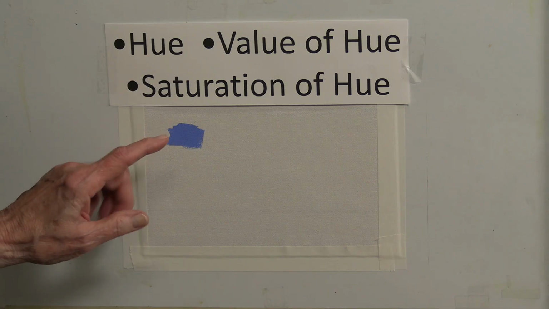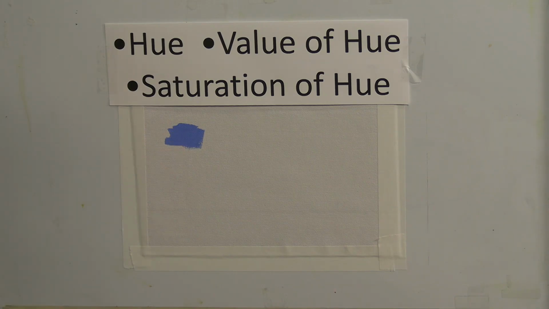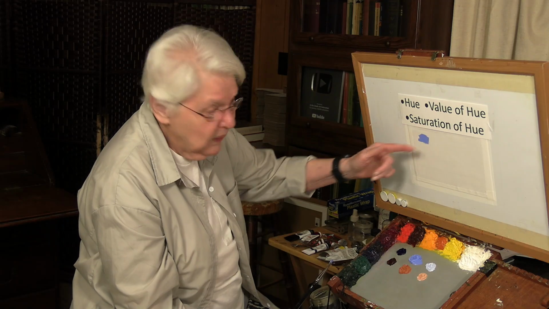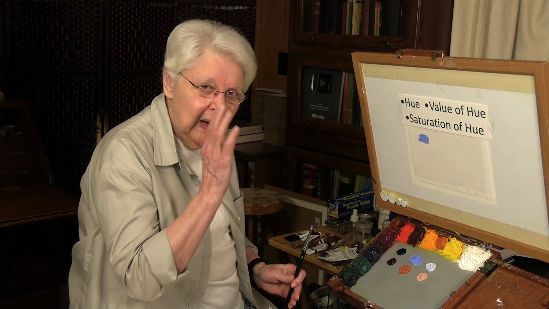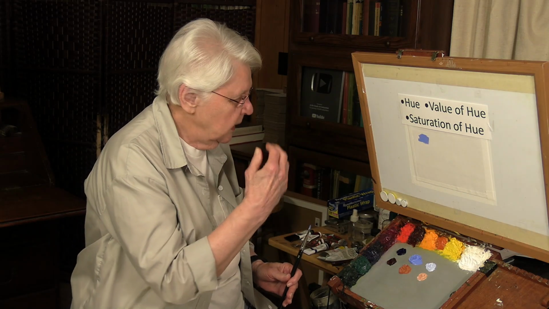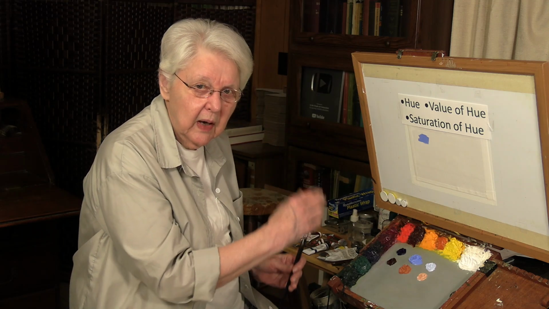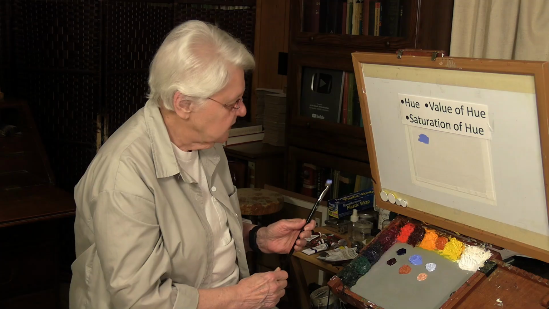My eye also reads it as a middle value blue, and a relatively high saturation of blue. So my eye reads it as a chord: a blue of middle value and a relatively high saturation. That just makes sense to me.